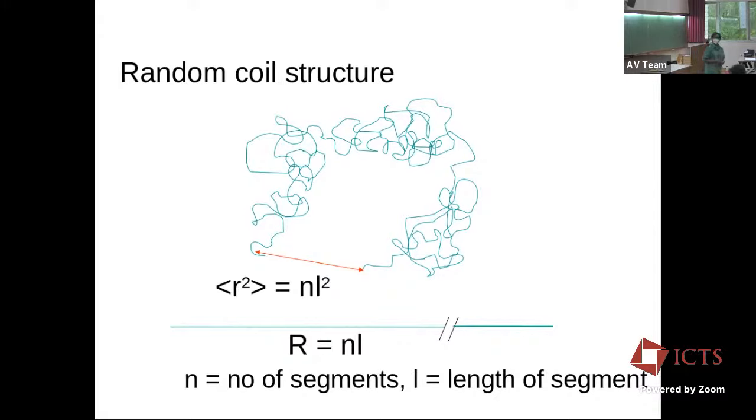Now, this ideal chain is a very ideal concept. In actuality, any molecule will have bond angle restriction. If I take CH2, CH2 and so on, there are bond angle restrictions. So you have to calculate the actual conformation of a polymer chain given the bond angle restriction. We first calculate the ideal polymer chain, then go to the real chain where you give the actual constraints.